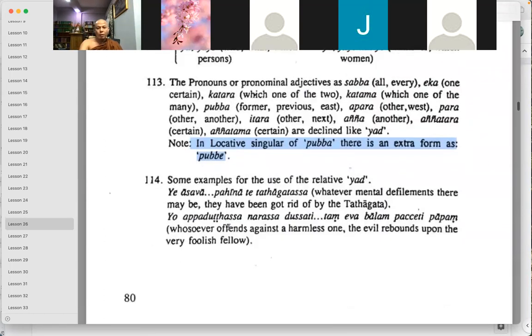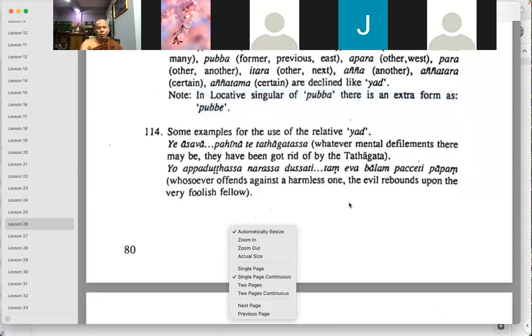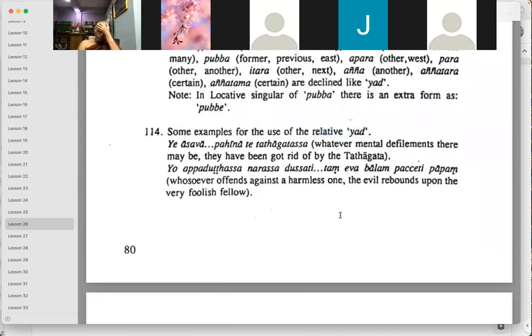So now, the usage of that relative pronoun ya. That relative pronoun ya, so in Pali, we can understand that. Where there is ya, there must be ta, or there must be understood ta. Where there is ya, there must be understood ta. There must be ta, but sometimes without it also, but it must be understood. So you see, ye āsavā pahīnā.